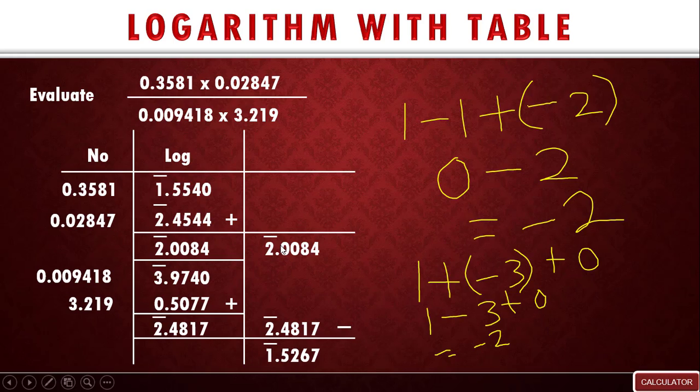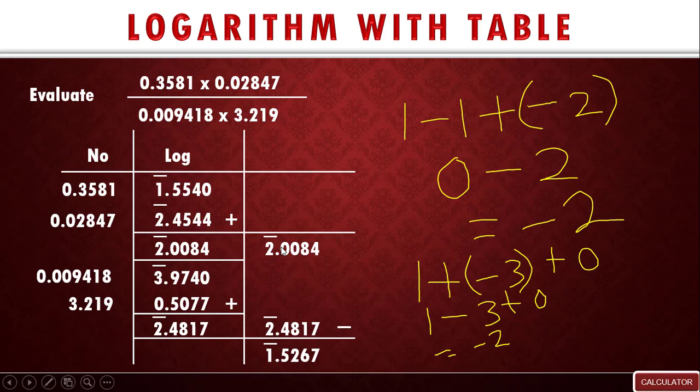Since this place is 10 now, that means we can borrow from this place now. That means this value here, which is 0, can now borrow from 10. So if we borrow from 10, 9 will be left here. So we now have 1 and 0 here, which is 10. So we say 10 minus 8, and that will give us 2. You remember that we borrowed from here, which is 10, and it's remaining 9 here.